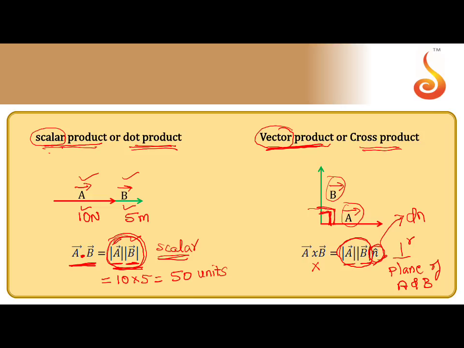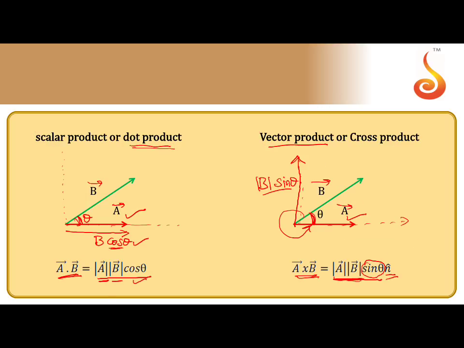Along with that, you need to introduce a unit vector in the direction perpendicular to A and B. If the two vectors are not in the same direction, they are inclined to each other at theta degrees, then this is the general formula for dot product. This is the general formula for the cross product.